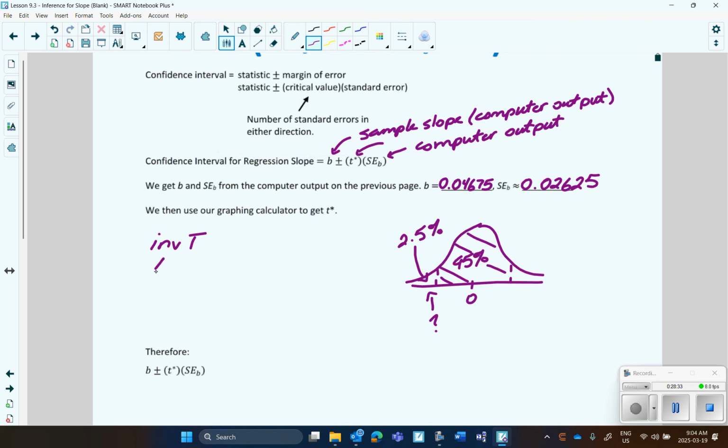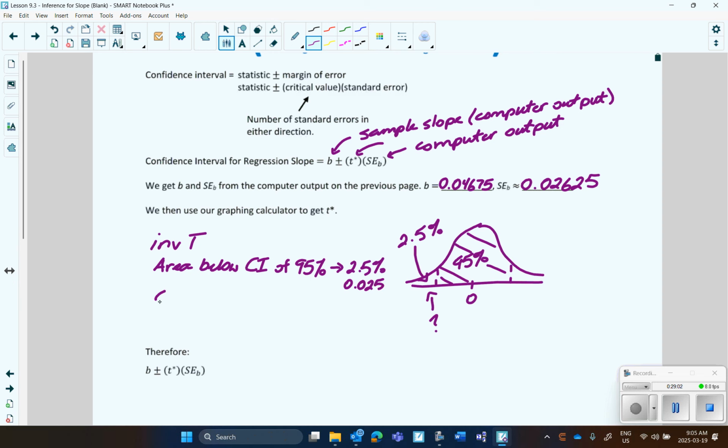So we want the area below, for a confidence interval of 95%, which is 2.5%, or 0.025.